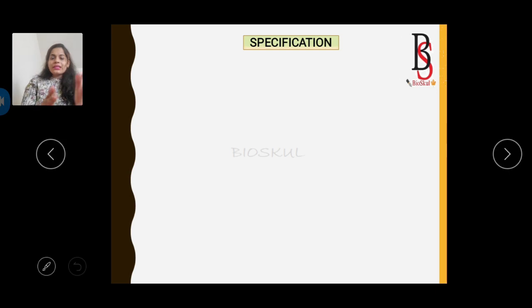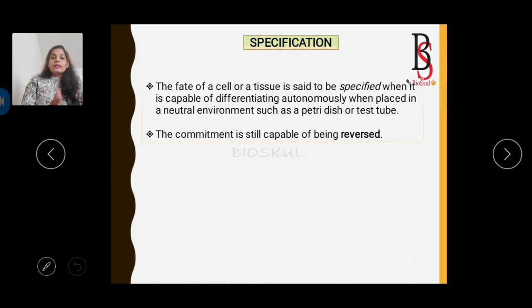Now, what is specification? The fate of a cell or tissue is said to be specified when it is capable of differentiating autonomously when placed in a neutral environment such as a petri dish or test tube. Specification is the type of commitment which is capable of being reversed.